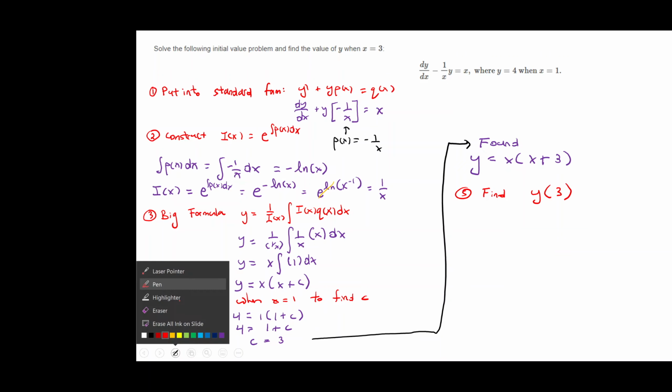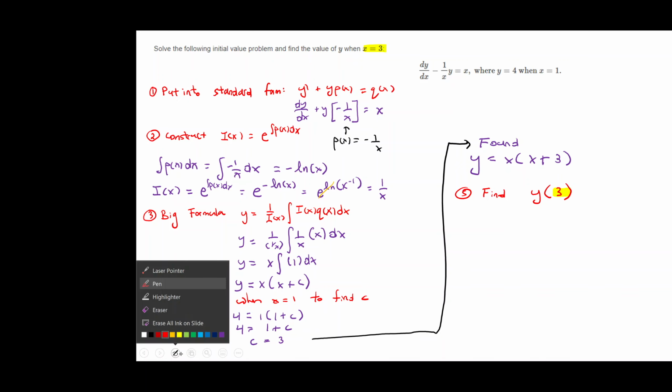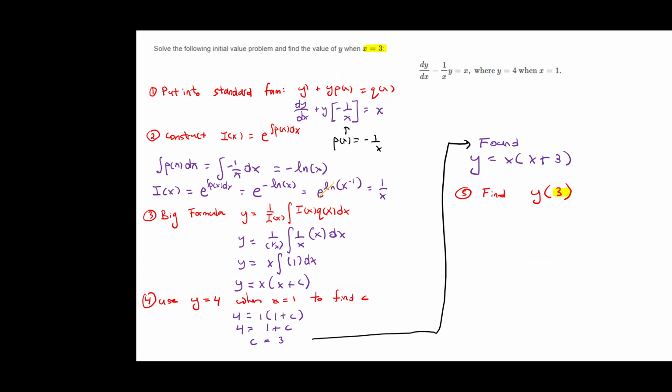That's what the question says to do up over here. Okay, so this is going to be 3 times (3 plus 3). So 3 times 6, which is 18. And that would be the answer that we would select.